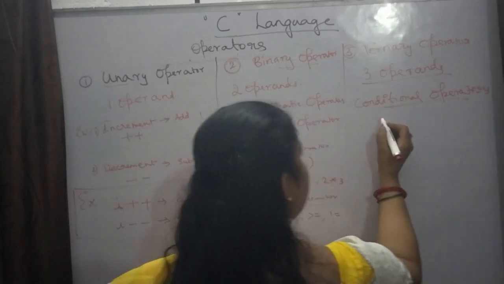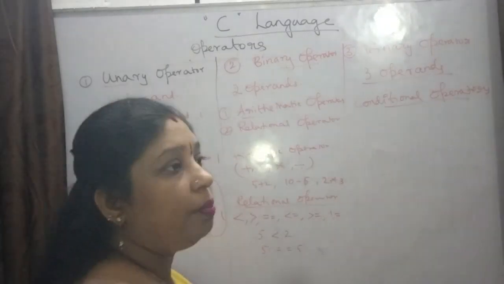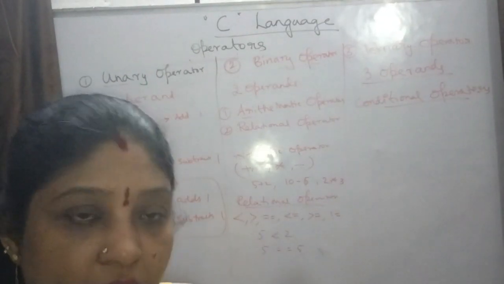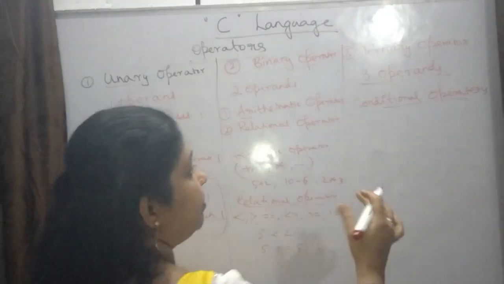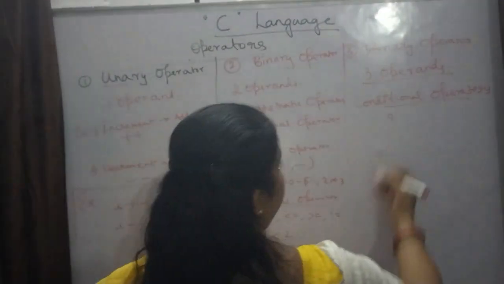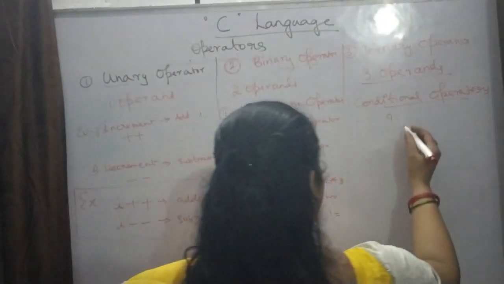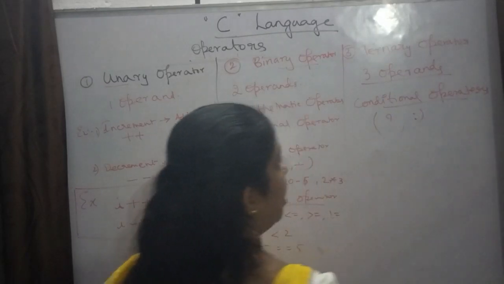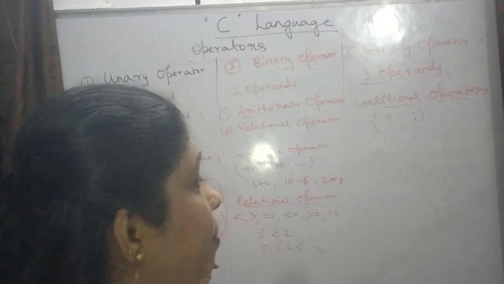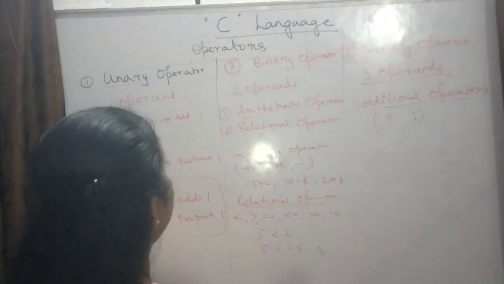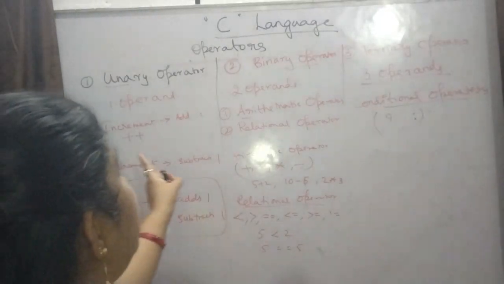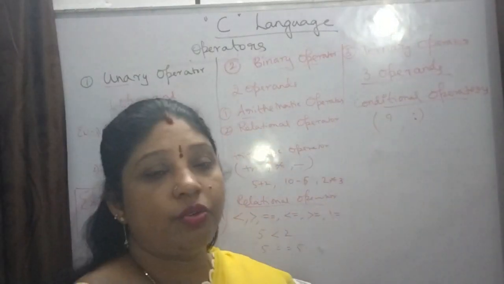Conditional operators are those where you give a condition. If it is satisfied, then only it will enter into the next part. Such conditions use the question mark and the colon. So these types of operators are used in ternary operators. These are the main types depending on the operands: unary, binary and ternary.